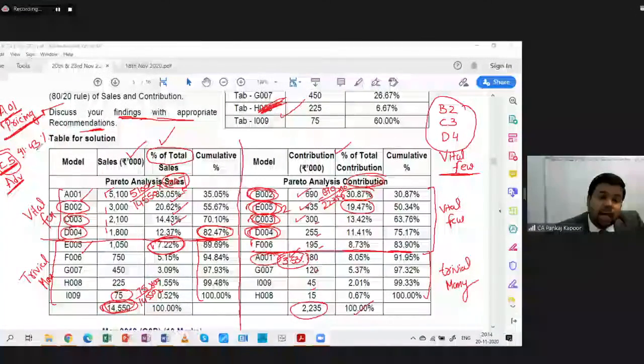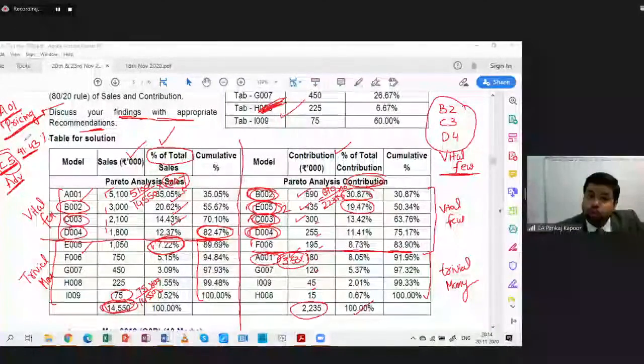Although E5 helps us to earn 41, if the rate of E5 is 100 rupees, then there is a 41 rupee contribution. It means we need to focus on the sale of E5. But we are not able to sell E5. E5 is only 7.22% of our entire sale.